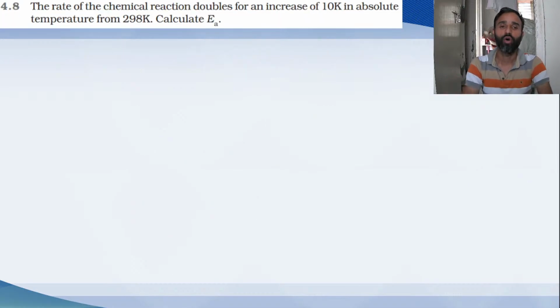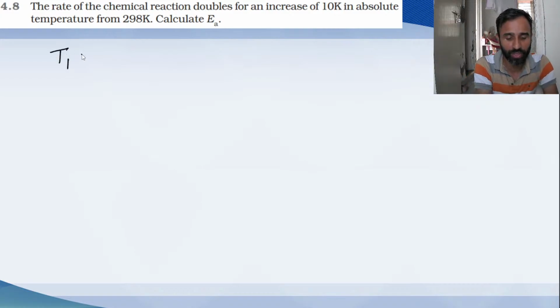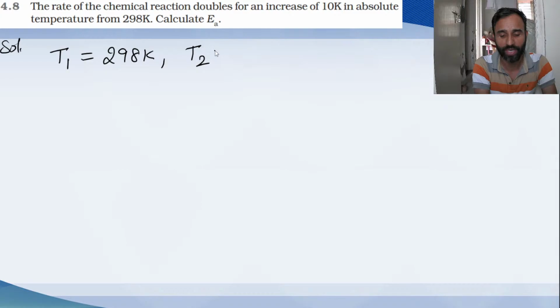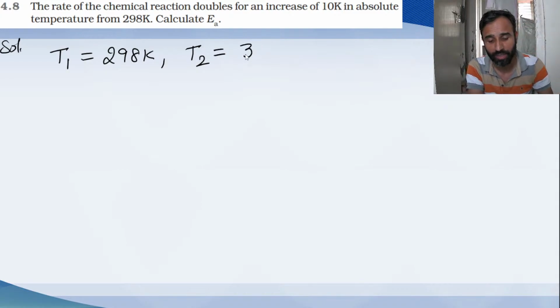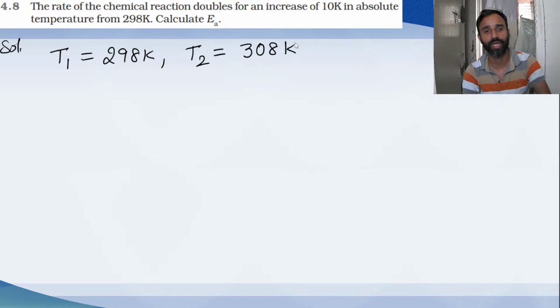Now, the rate of a chemical reaction doubles for an increase of 10 Kelvin in absolute temperature from 298 Kelvin. Means initial temperature is given to you. It is 298 Kelvin and final temperature is 10 Kelvin more, that is 308 Kelvin. Right?